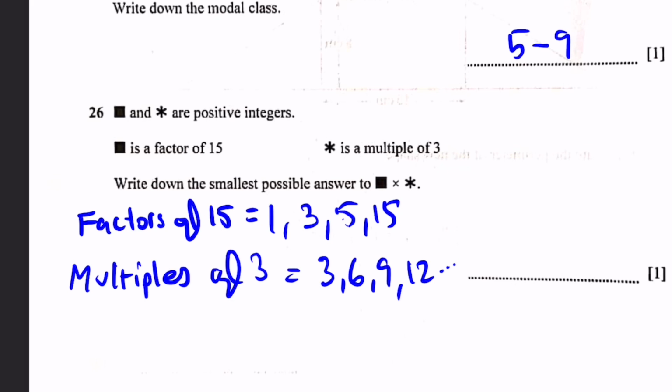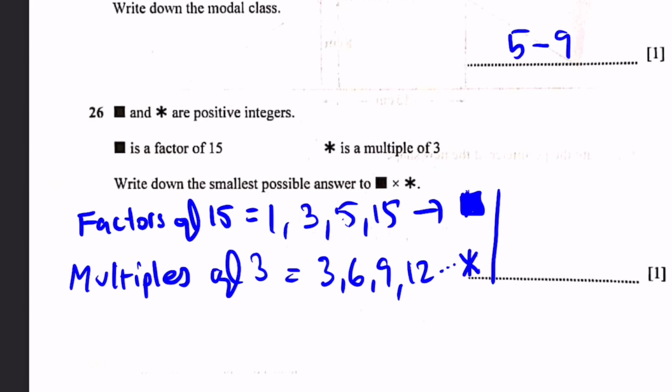So if you want to find out the smallest possible answer to this, we have to take one factor of 15 and one multiple of 3. The factor of 15 is the square, and the multiple of 3 is the star. So we have the smallest two numbers from these sets.